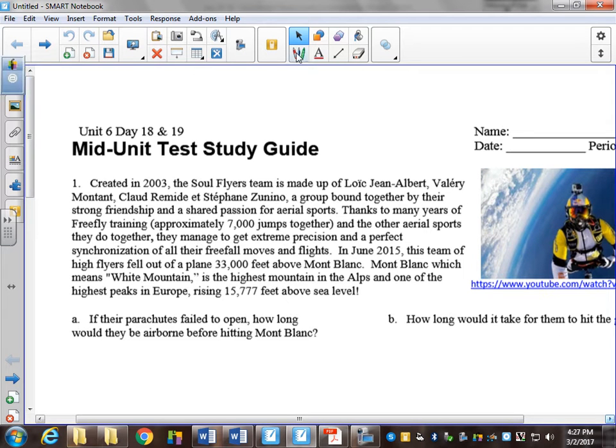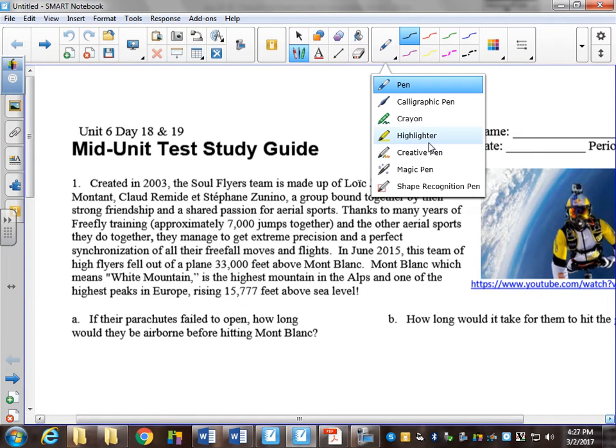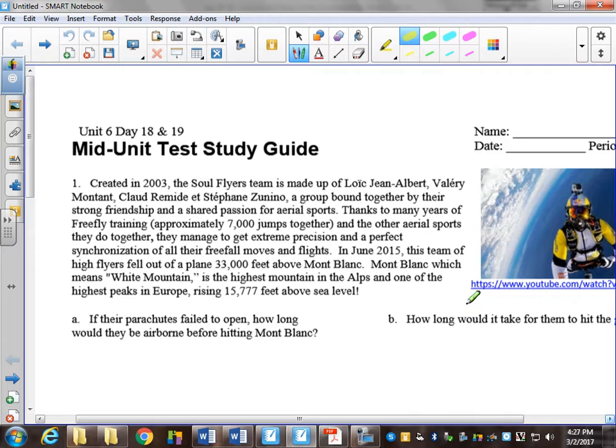Okay, so looking at the first problem, the information that's given to us: he fell at a plane of 33,000 feet above Mont Blanc, which rises 15,777 feet above sea level.